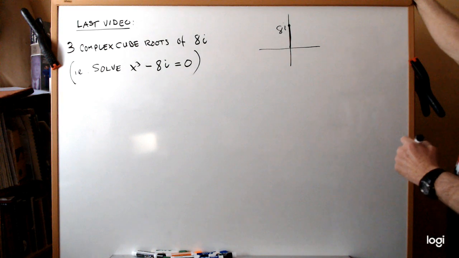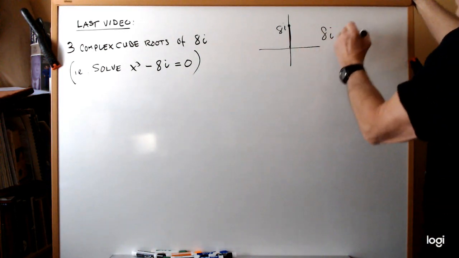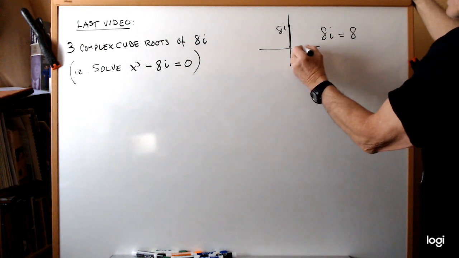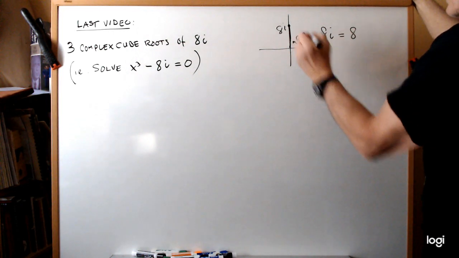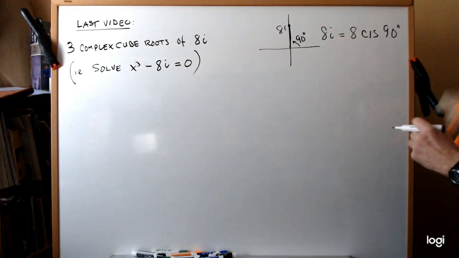The r value would be 8, of course, and the angle would be 90 degrees. So this would be 8 cis 90 degrees.